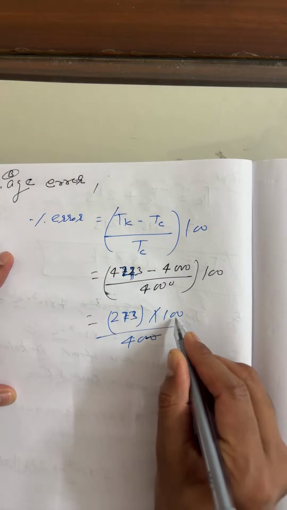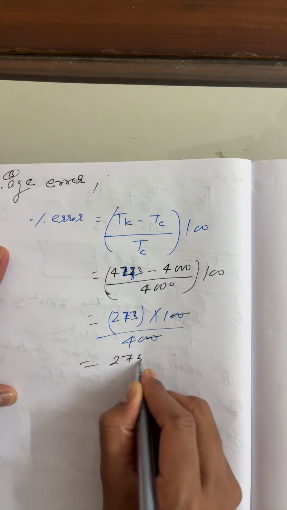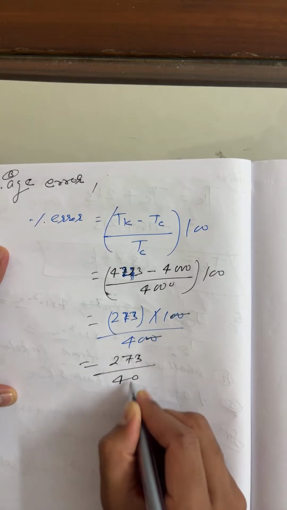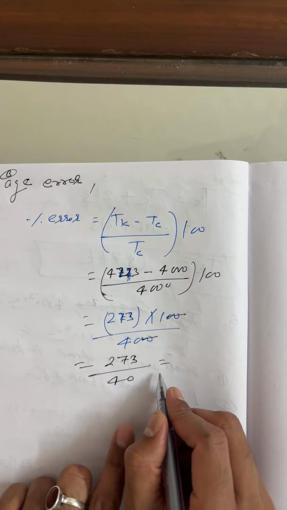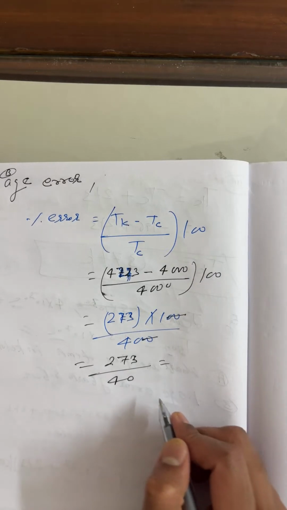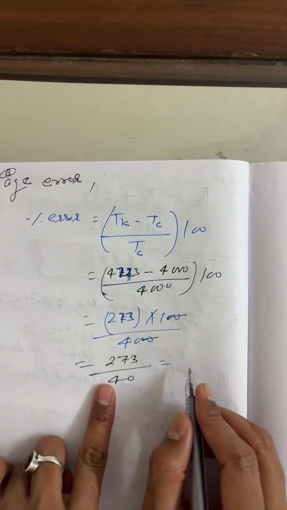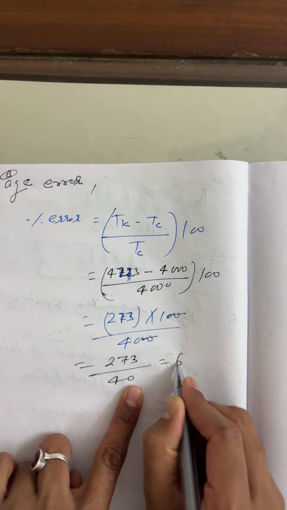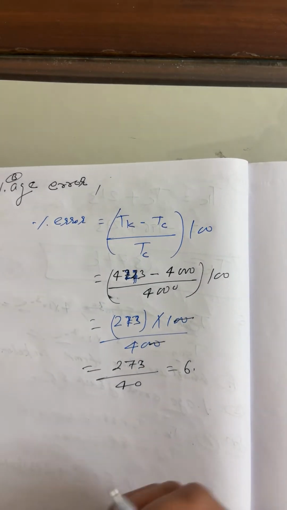You can see two decimals finished, so it is 273 upon 40. How much is coming? Solve further. Can you say 6 point something? 6.8 something. How much is coming?